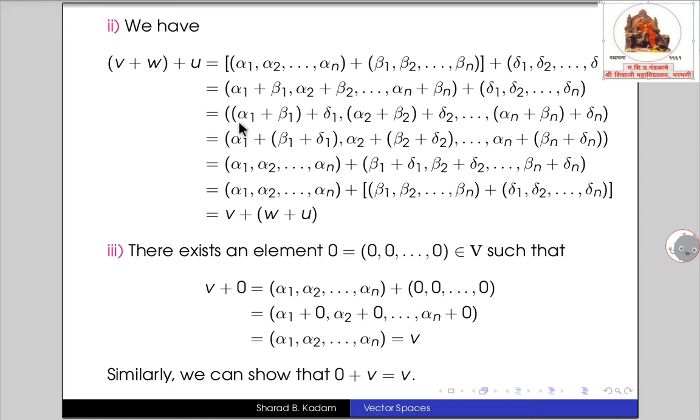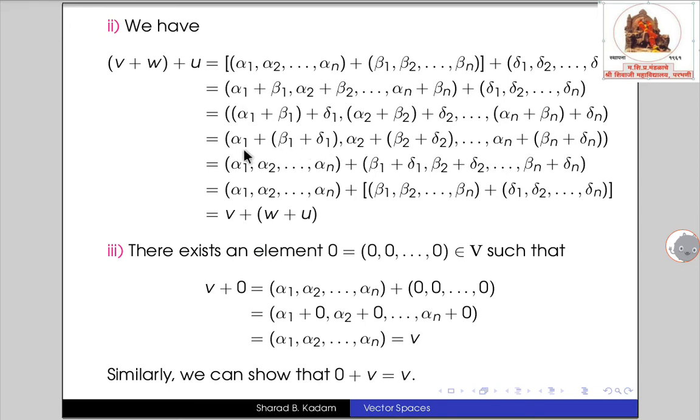That is why this first component, in brackets alpha 1 plus beta 1 bracket close plus delta 1, can be written as alpha 1 plus, in brackets, beta 1 plus delta 1. Similarly, this second component can be written as alpha 2 plus, in brackets, beta 2 plus delta 2. The same goes for the nth component.